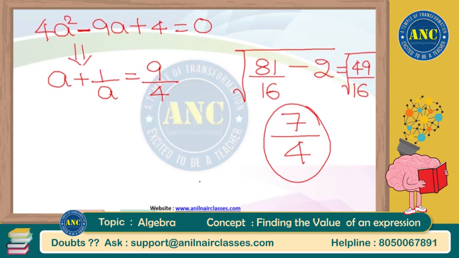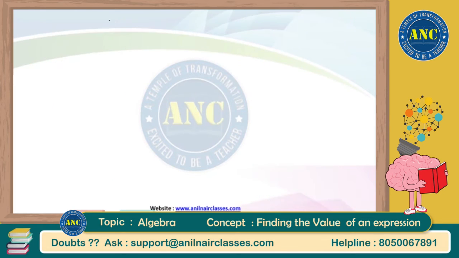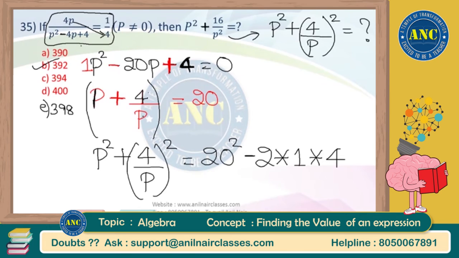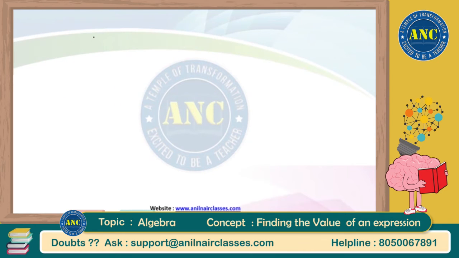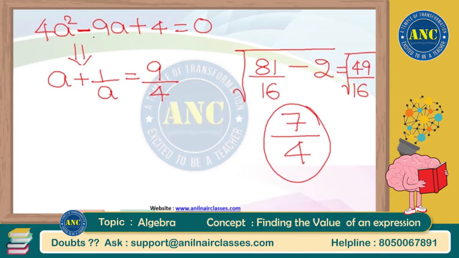Once you get the quadratic equation, getting the answer is never a difficulty. Whether they give two quadratic equations, or, like the previous questions, only one quadratic equation like this, it really does not make any difference, because we know how beautifully we can get a quadratic equation by mental calculation, and we also know how to get a plus 1 by a or a minus 1 by a from that.